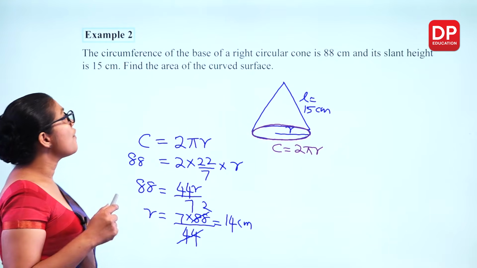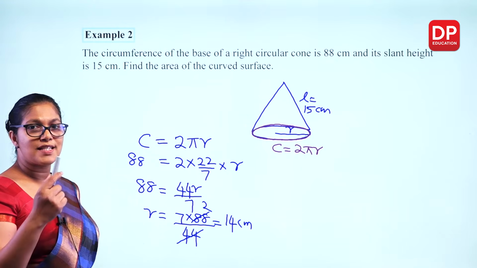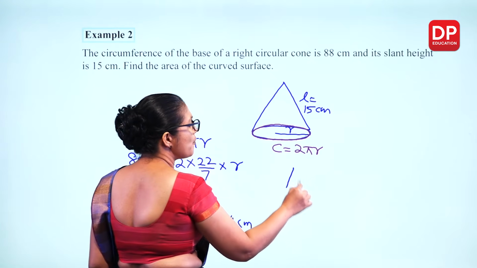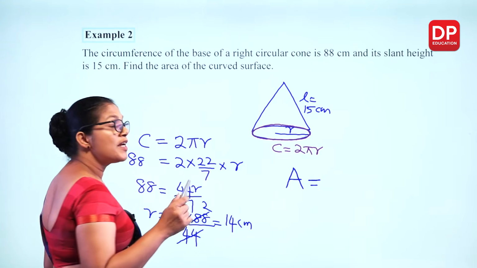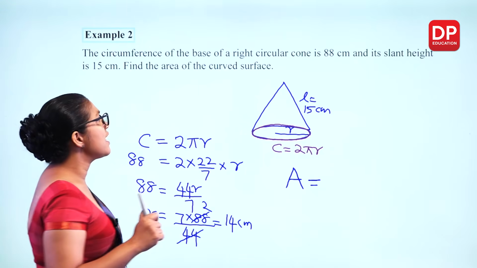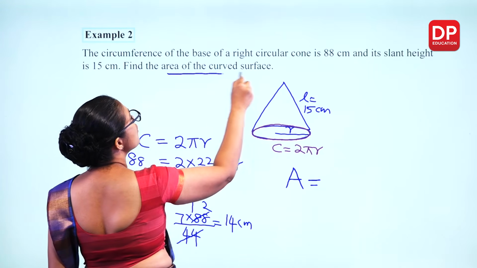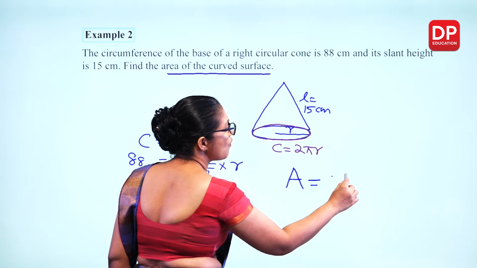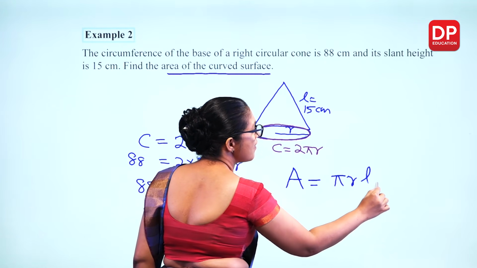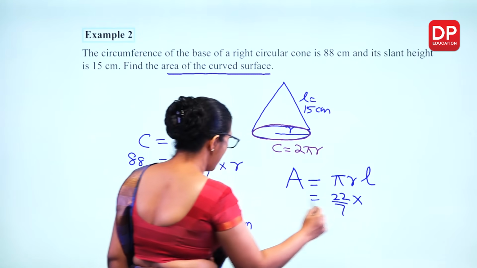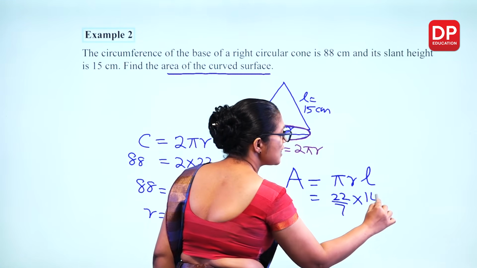The question asks to find the area of the curved surface. So only the curved surface. So what's the formula we can use? Do we need to take the area of the circle? No, you don't need to take the area of the circle because they want only the curved surface. So what's the formula? Pi r L. So pi is 22 over 7. The radius you found, that's 14.